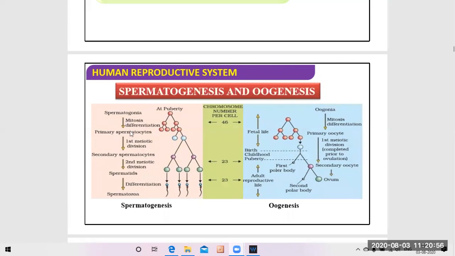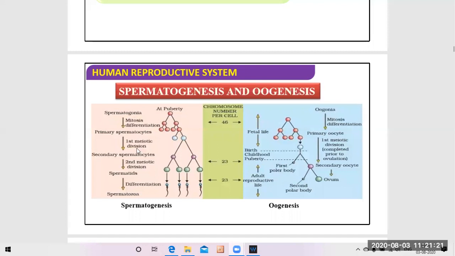Remember this: the mitotic division of the cells is carried out in differentiation. You can see here one cell divided into two, the primary spermatocytes. Then these two cells again divide into two, so the number of cells is 1, 2, 3, and 4. Then the first meiotic division.